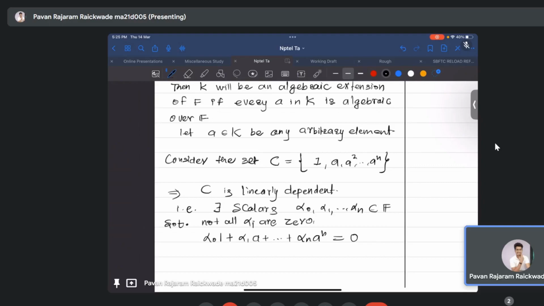Of course, if all are 0 then the left hand side is 0, but you get scalars which are not all 0 and the expression is still 0. This is what linear dependency means.